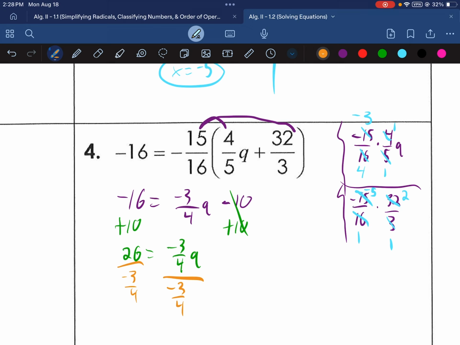It's the same thing to divide by a fraction as it is to multiply by its reciprocal, the flipped version. So if I multiply instead by 4 over negative 3 on both sides, we'll accomplish the same result as dividing. So these negative 3's reduce, the 4's reduce, and we end up with q just like we wanted. If you don't end up with just your variable in the step, you're doing something incorrect.